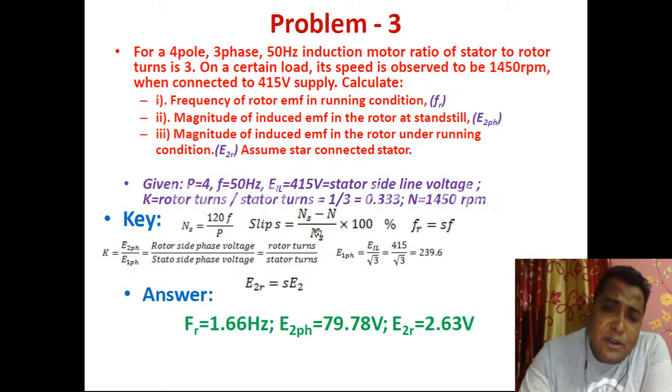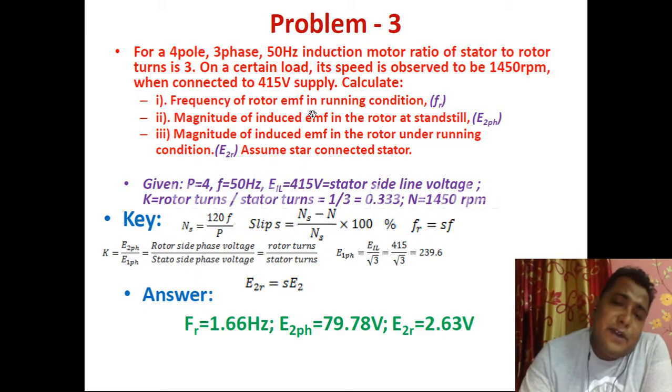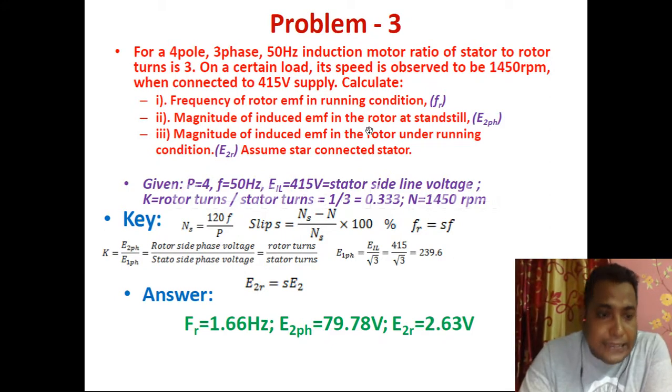Okay, so now the first thing we have to find is the frequency of the rotor EMF, Fr. So Fr is equal to slip into f, f is given as 50, and S we have calculated from here. So putting that, we can find Fr. So the first solution is there. Okay, and next one is the magnitude of the induced EMF in the rotor at standstill.